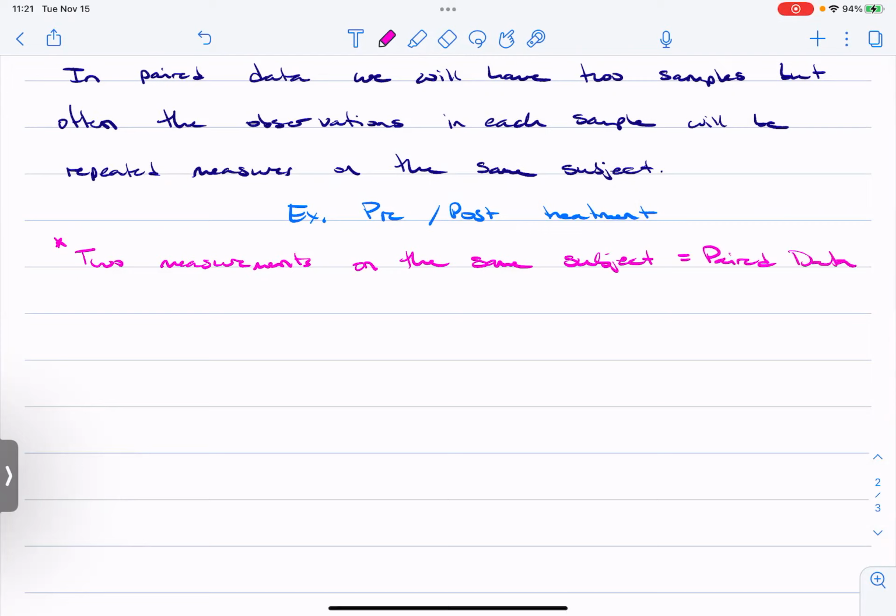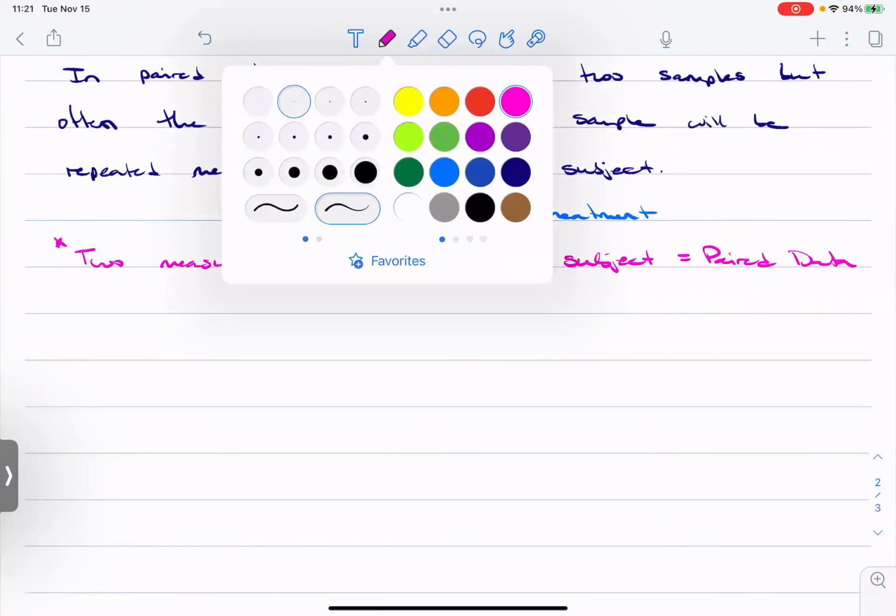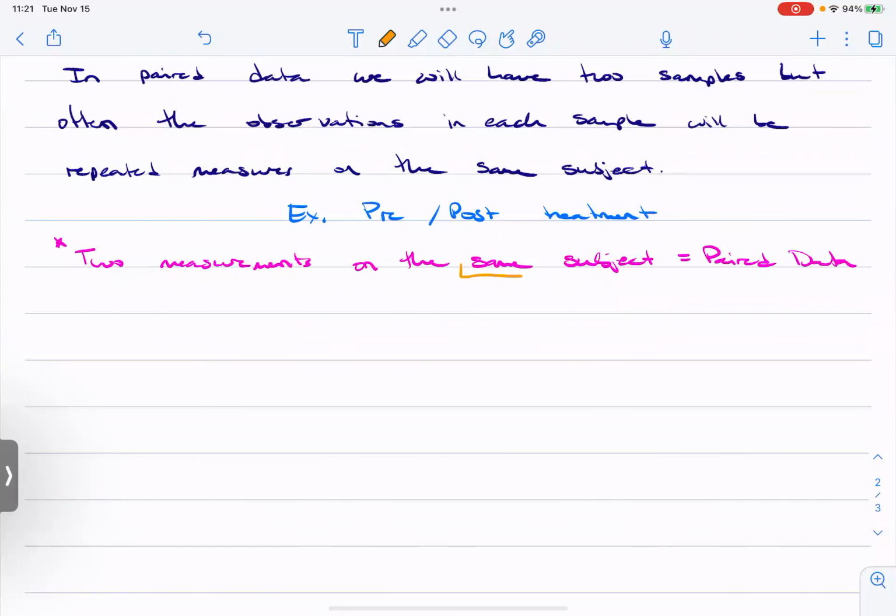That's the type of question that you have. I do want to clarify the word same, because there are scenarios where they're not exactly the same. You might be using twins or siblings. In terms of the measurements, they're similar enough subjects, and you're starting from the same point. So it gets a little bit boggy. In fact, the question that we have is not an example of what I was talking about, so forget about it.